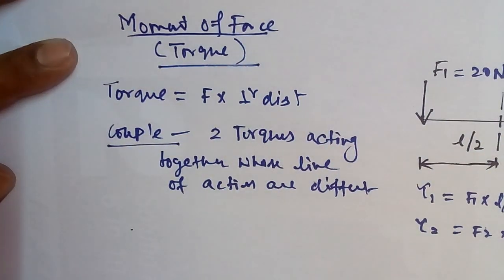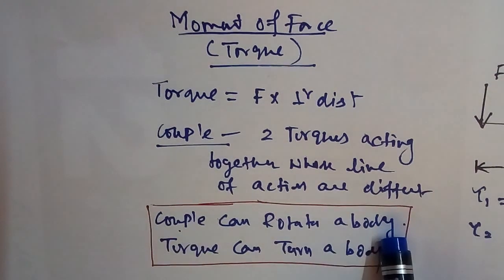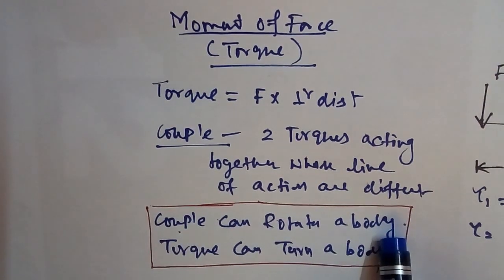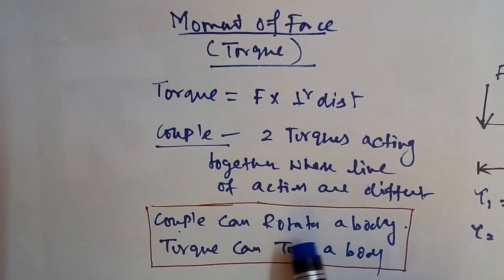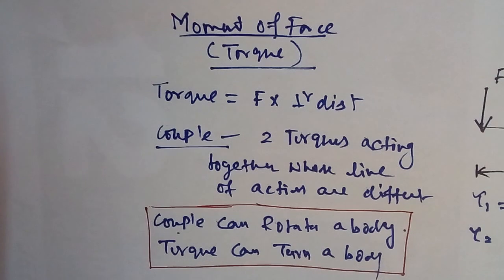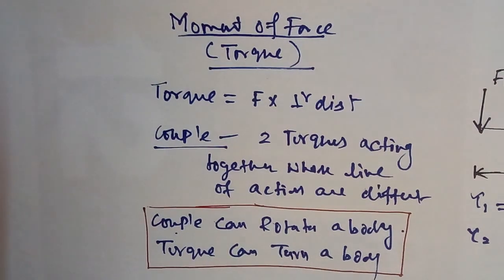This constitutes a couple. A couple can rotate a body. So when two torques are acting together, they have the ability to rotate the body, but a single torque can only turn a body. It is a turning effect that can be produced by a torque.